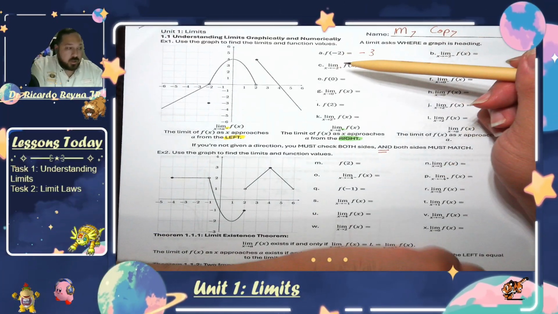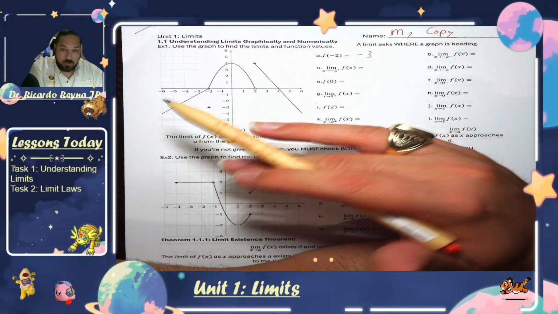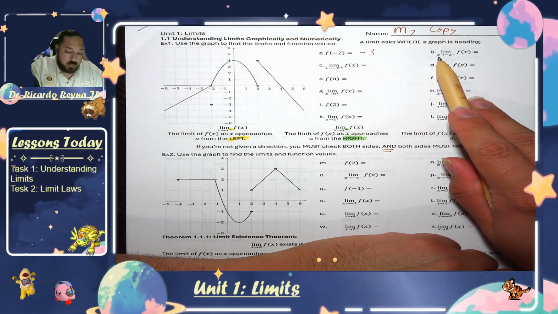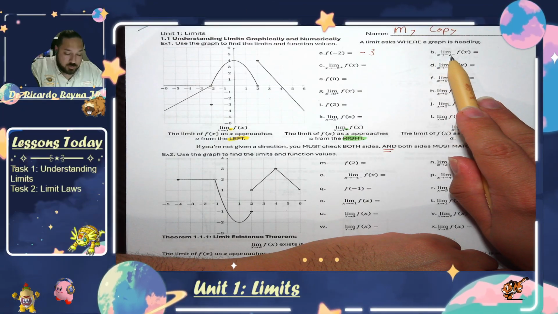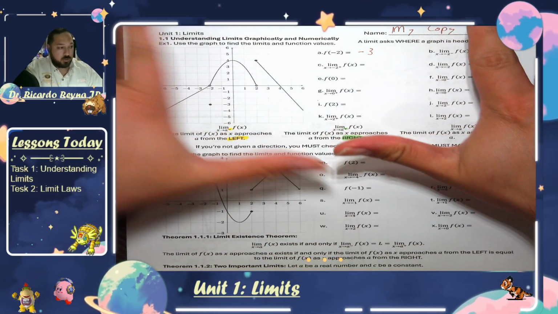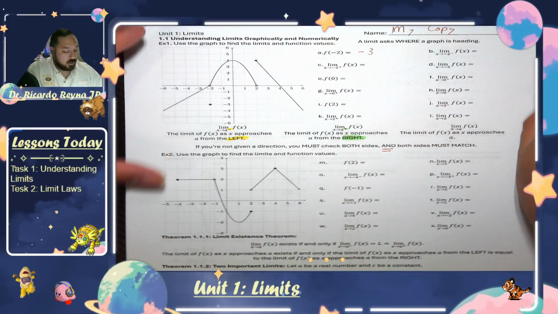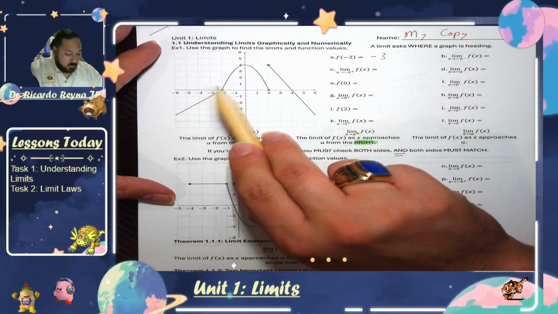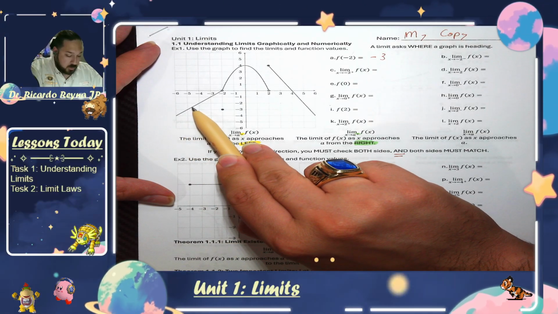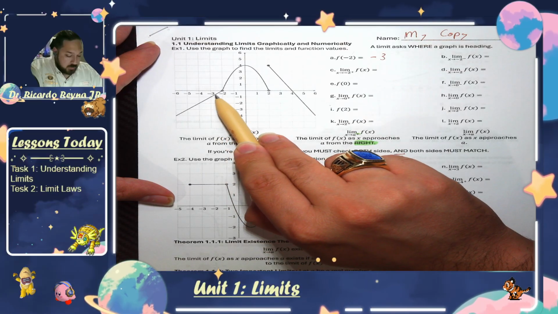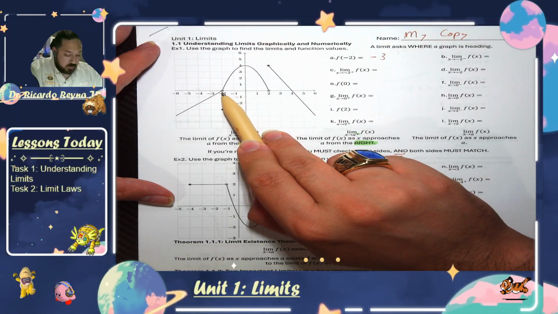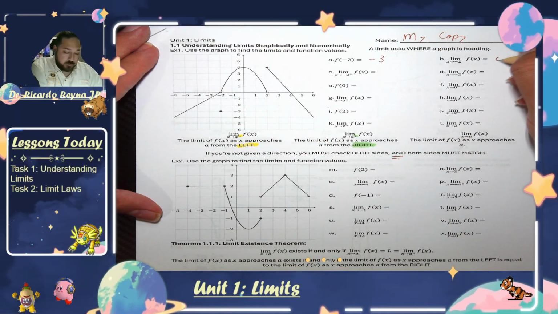So let's go ahead and treat this first just visually. We're going to start with B. This reads x goes to -2 from the left because of that minus, okay? Do a quick check of what's my left side, and we go from the left of -2. As I look at this graph and I'm slowly approaching it, I see that my graph will just head towards this value. This value is a 0.